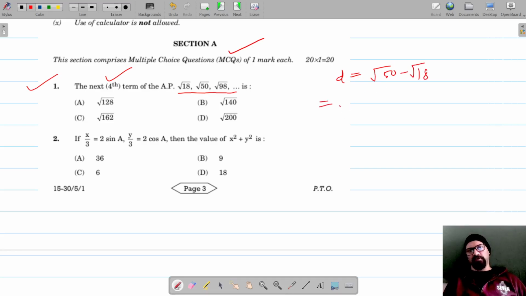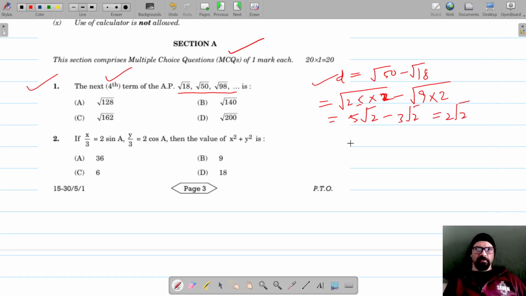And we know that 50 can be factorized as 25 into 2. I'm writing this as 25 into 2 because we know that the square root of 25 is 5, and 18 can be written as 9 into 2. So this is 5 root 2 minus 3 root 2, which is equal to 2 root 2. So common difference is 2 root 2.